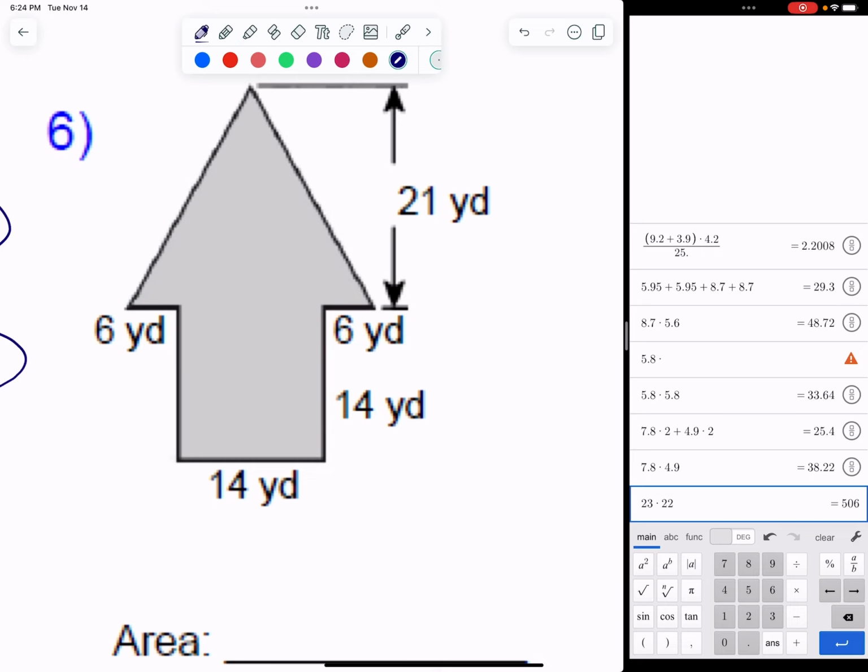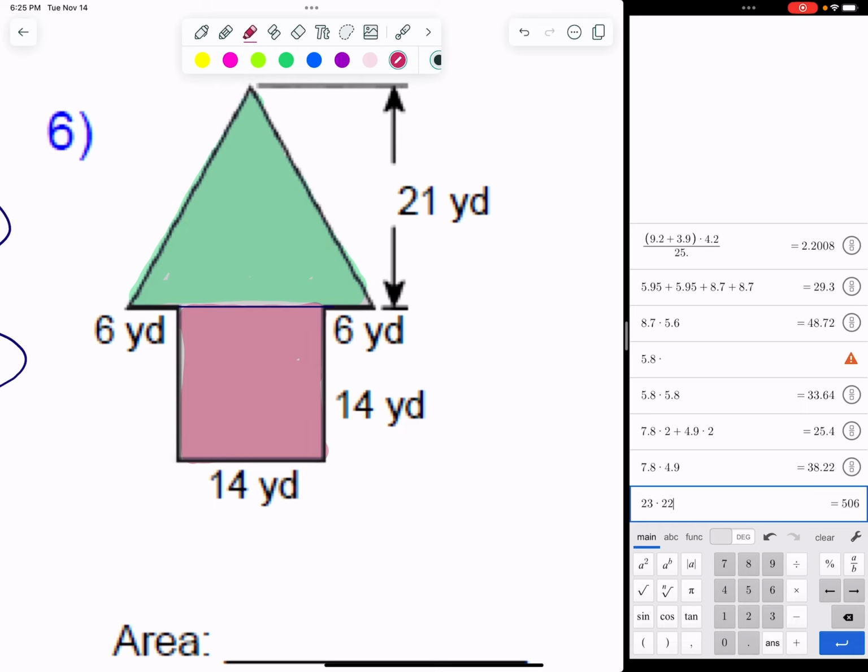Now 6 is a little bit different. I'm going to cut 6 right here because then I get a triangle. And I get a square.